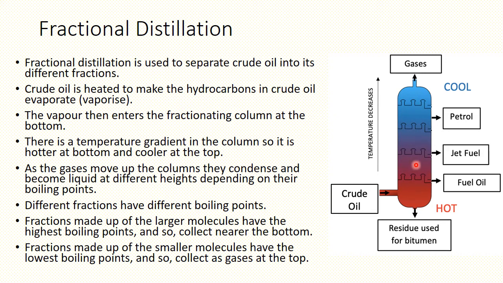Whereas lower down the column they'll remain as gases, and so they won't condense, so they just keep on moving up. This is a really common long answer question, so you need to be able to recall most of the bullet points on this page, and you need to be able to explain this in a lot of detail. It's also a really common question that you get asked loads and loads of times.